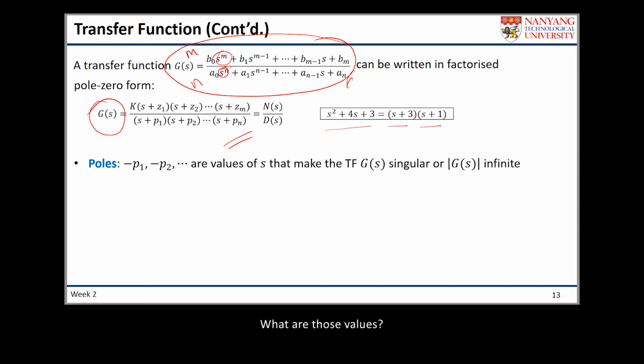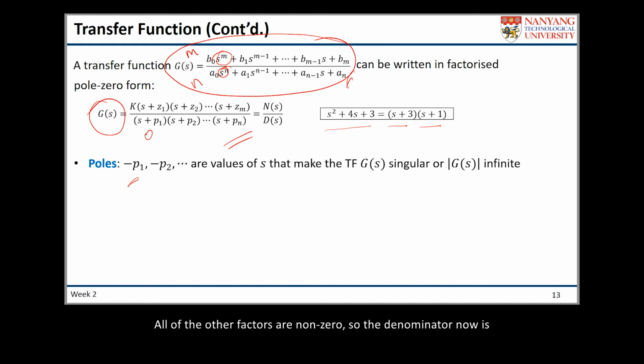What are those values? The first one is negative p1. Why? If I replace all of the s's with negative p1, I will end up with 0 for this factor, because negative p1 plus p1 is 0. All of the other factors are non-zero.